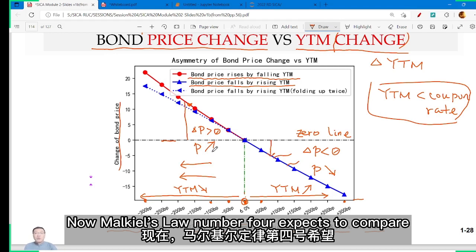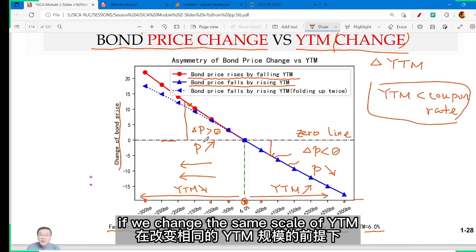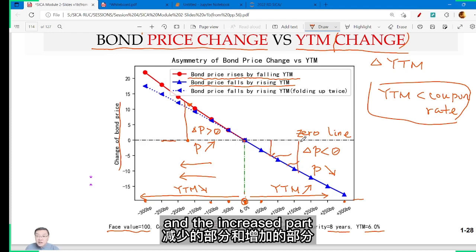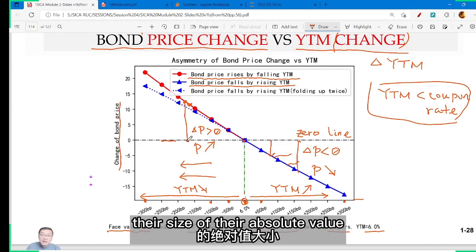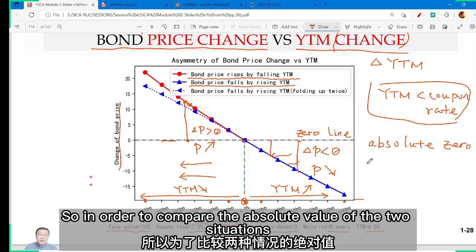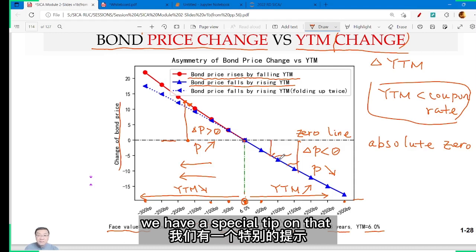Now, Malkiel's law number 4 expects us to compare, if we change the same scale of YTM, the decreased part and the increased part, their size of their absolute value. So, in order to compare the absolute value of the two situations, we have a special tip.